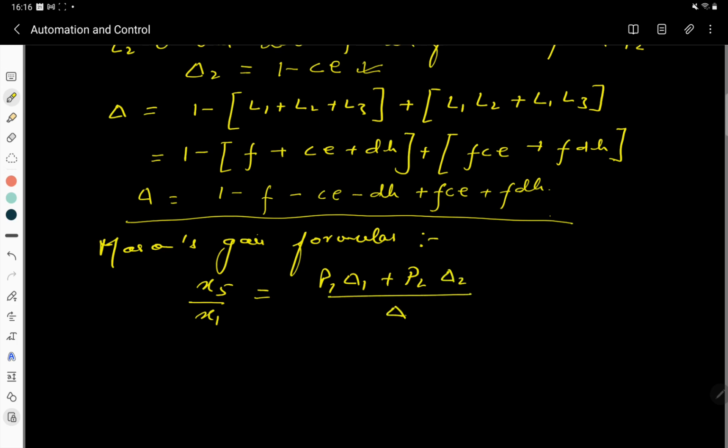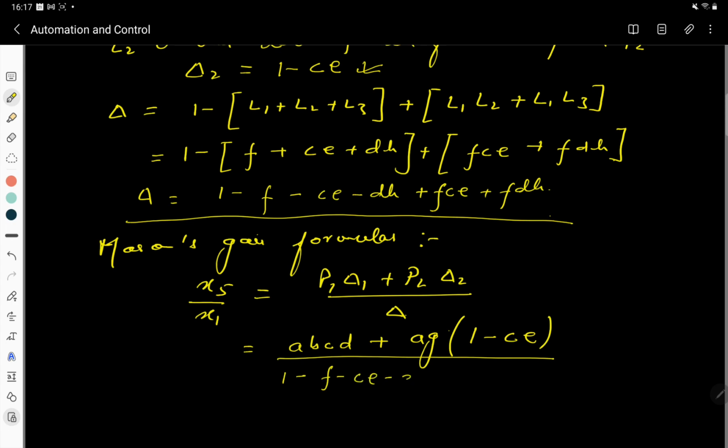P1 is simply ABCD, and delta 1 is 1, so P1 delta 1 is ABCD. Plus the transmittance of the second forward path, which was AG, and delta 2 is 1 minus CE, divided by the overall determinant we found, 1 minus F minus CE minus DH plus FCE plus FDH.